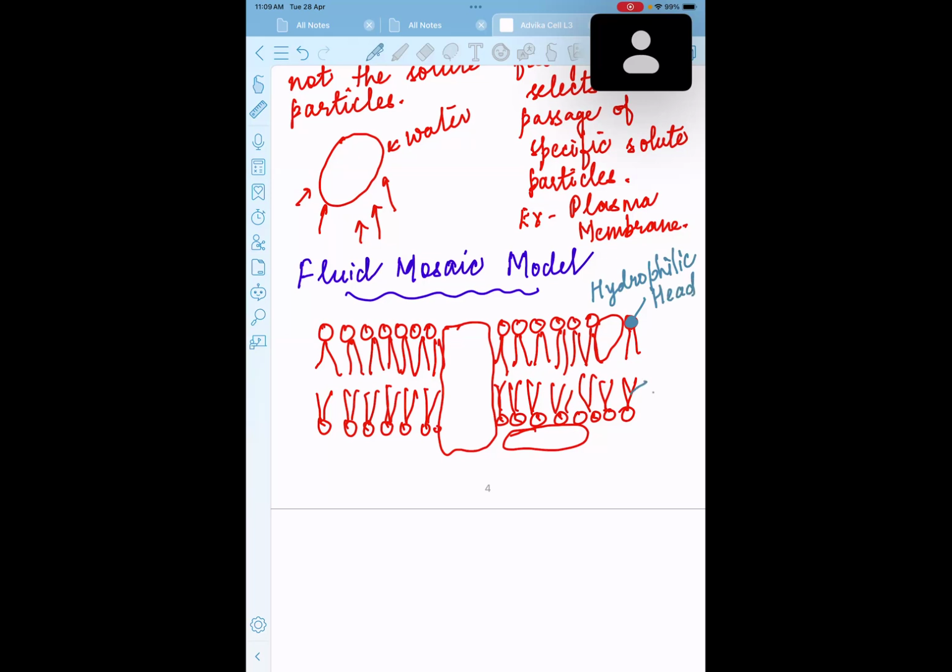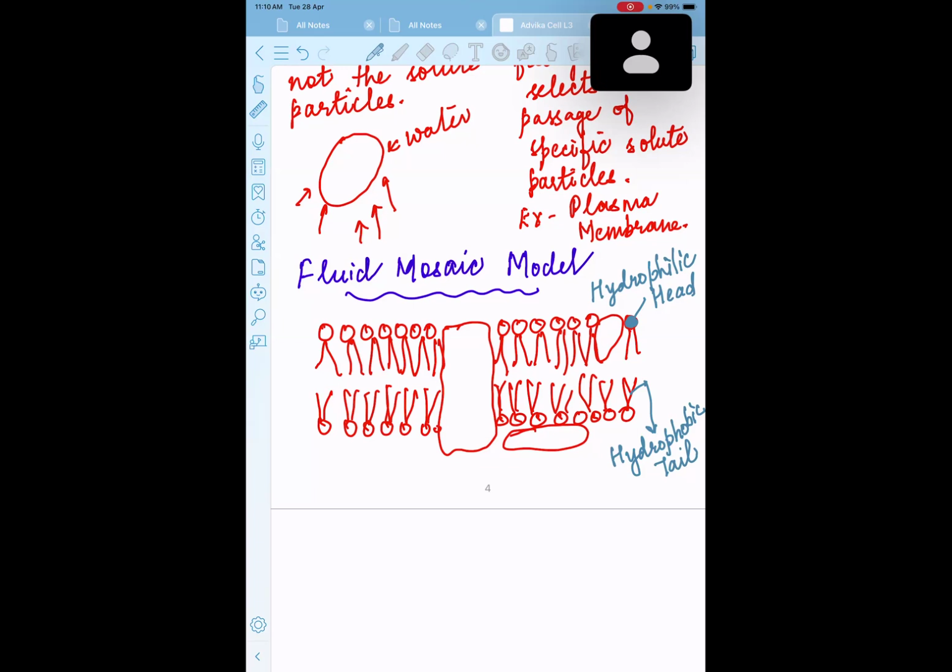Whereas the other one is called the hydrophobic tail. What is phobia? They will move away from the water. Correct. That is why they are present inside. Hydrophilic means they like water, that is why the head is outside. Whereas hydrophobic means they do not like water, that is why the tail is present inside.